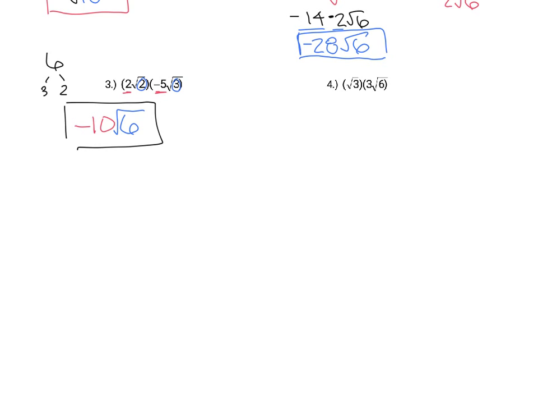Next. All right, so the first term doesn't have a number in front, but the second term does, so we'll just keep that 3, because basically it's 1 times 3. And then my square root is going to be the 3 times the 6, which is 18. Now we're going to look to see if we can break down 18 by making a factor tree.